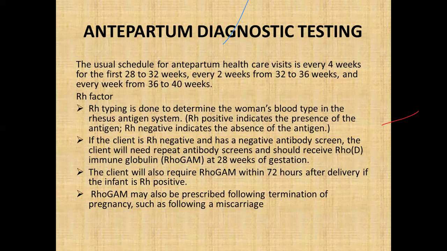During that process, the mother's blood and the child's blood are going to mix. When that happens, the mother's body will see the child's blood as a foreign body, and then the body will produce antibodies.